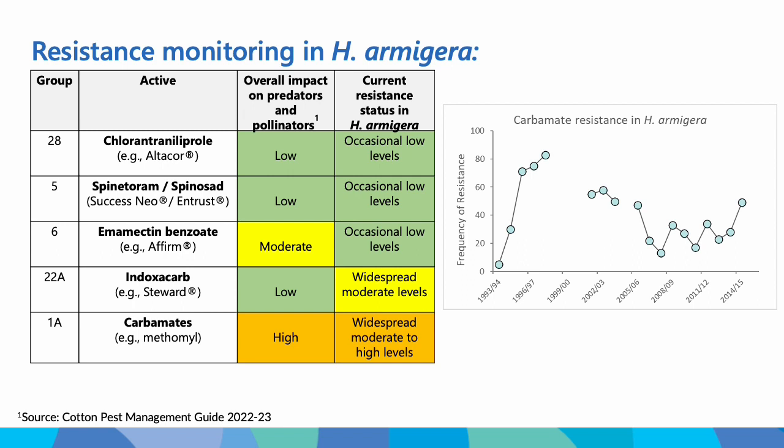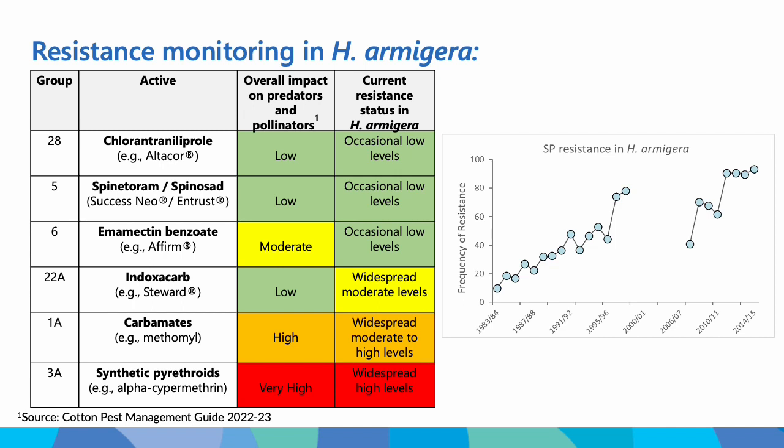Now, carbamates, on the other hand, have high impacts on non-target invertebrates, and there are also moderate to high levels of resistance to carbamates. So there is a high likelihood that the use of these products will result in unsatisfactory outcomes for management of armigera. And of course, it's also going to undermine IPM.